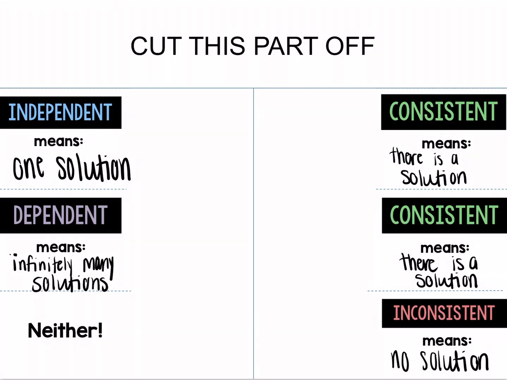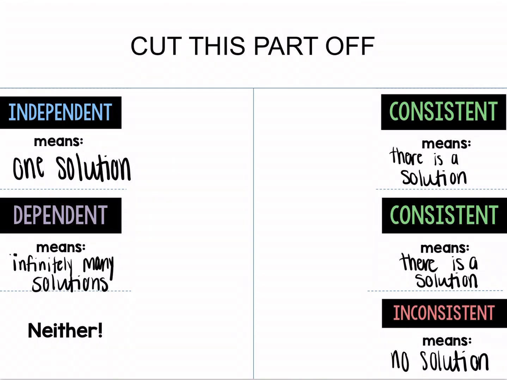And an inconsistent system can't be independent or dependent because it doesn't have a solution. So again, if it's independent, it has one solution. If it's dependent, it has infinitely many solutions. If it's consistent, there is a solution. If it's inconsistent, there is not a solution.